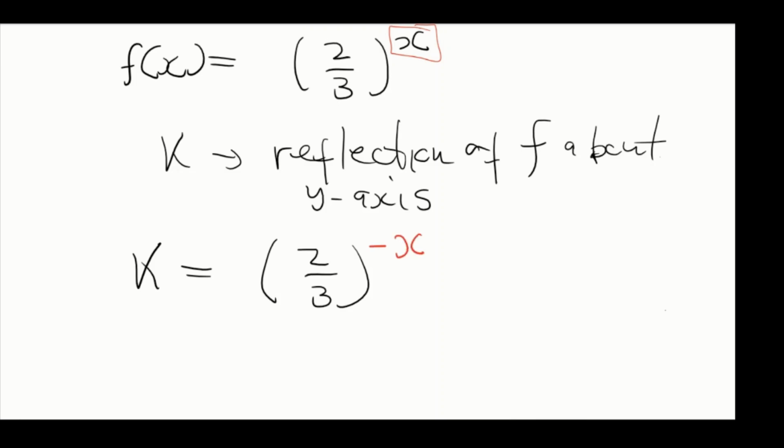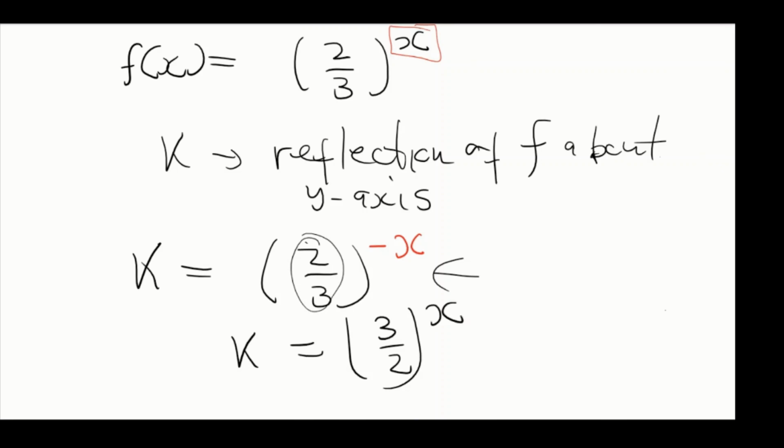This means now that our equation of k is going to be the inverse of this. So instead of writing 2 over 3, you're going to write 3 over 2 all to the power of x. The reason why I did that is I want to make sure that this exponent must be positive as per the question. So this would be our equation of k.